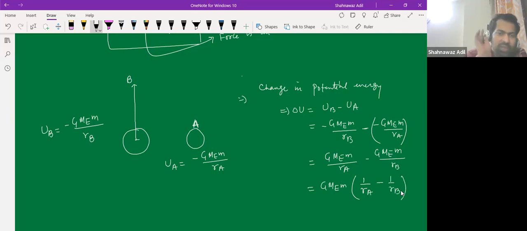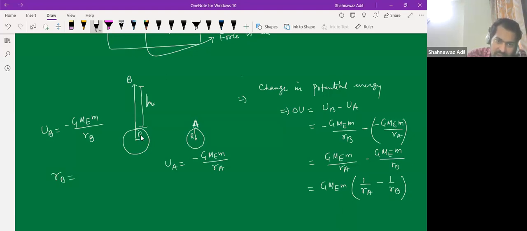So what did we learn in work, energy and power? We talked about that at some certain height we are taking the object from here to here. What is RB?